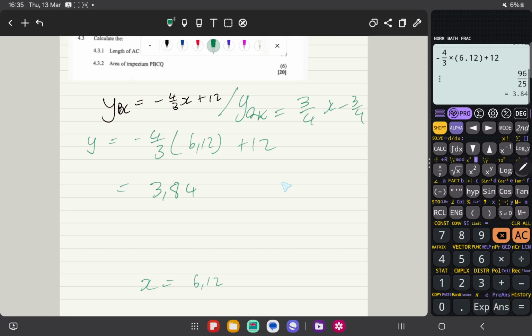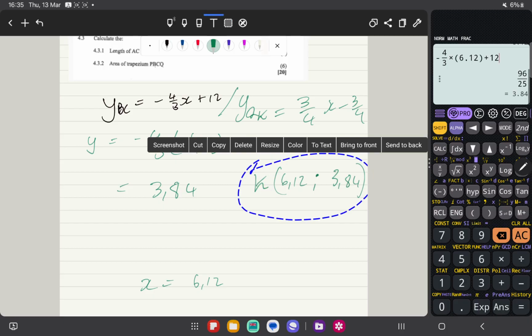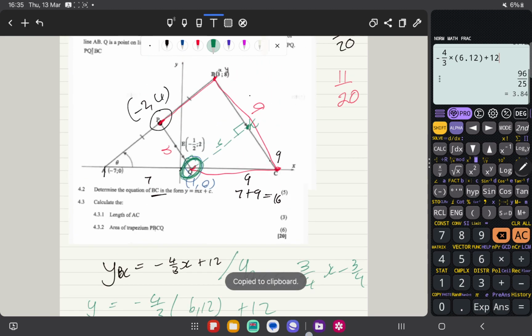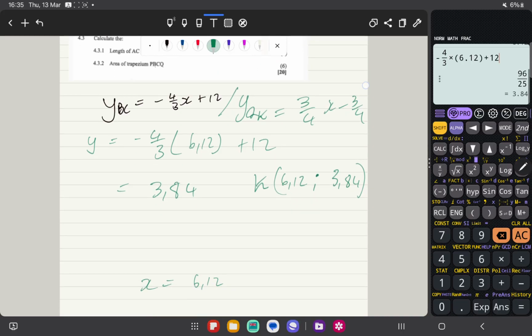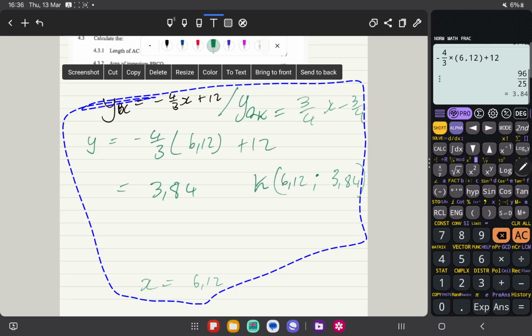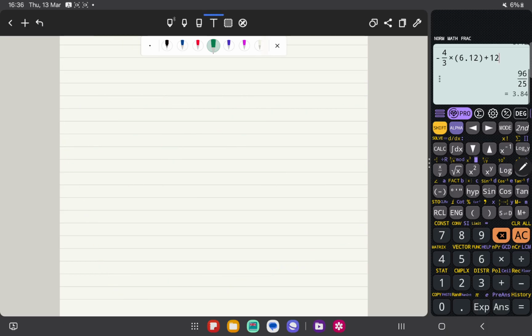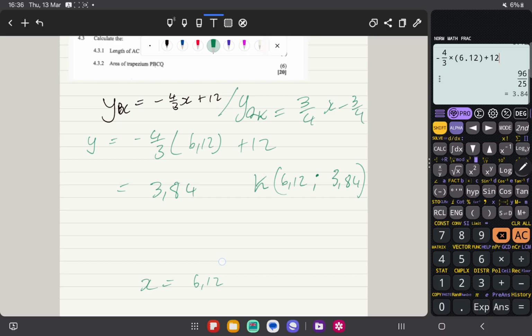So this coordinate is 6.12, 3.84. I'm going to take them. This is K. I need to copy, and then I'm going to paste them here. It's like I'm making this whole thing a bit messy. I believe I have all the coordinates that I need to finally get to the answer.